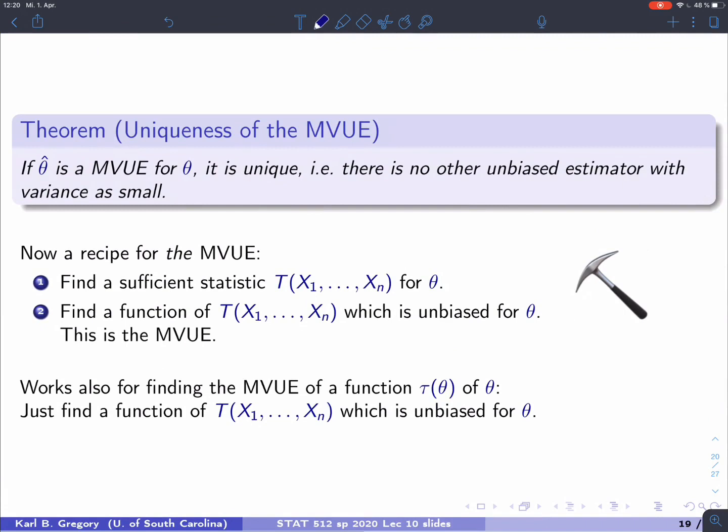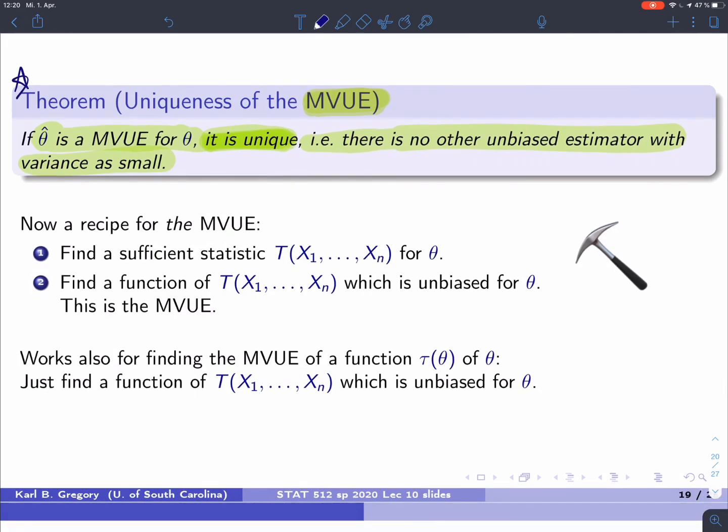There's an additional result which says if I have found something which is a minimum variance unbiased estimator for theta, then it is unique, so it's the only one. So we're just trying to find it. The Rao-Blackwell theorem coupled with this one gives us a two-step recipe for finding the MVUE.